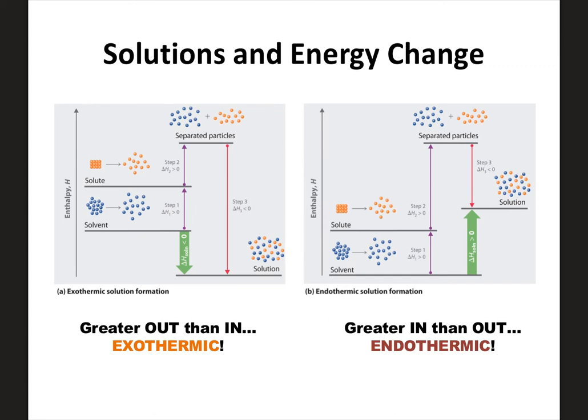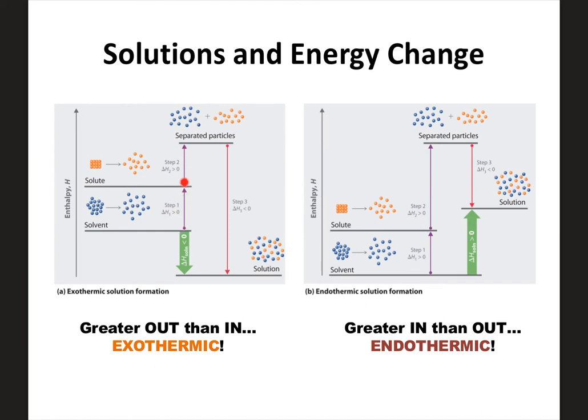All right. So if you remember, anytime you expand the solute or the solvent, that always takes energy. So we see our H, our enthalpy, our energy on the left side. If you separate the IMFs in the solute, boom, that takes a certain amount of energy. If you separate the IMFs in the solvent, boom, that takes a certain amount of energy.